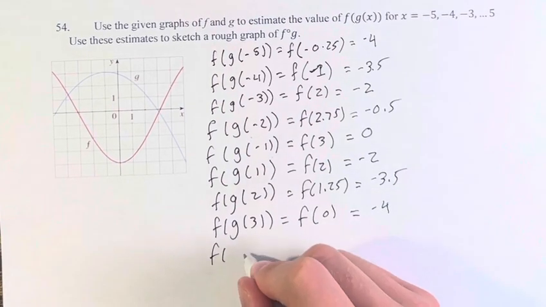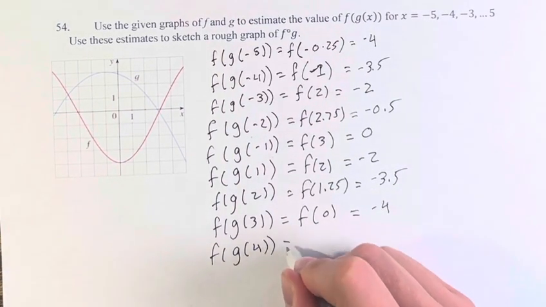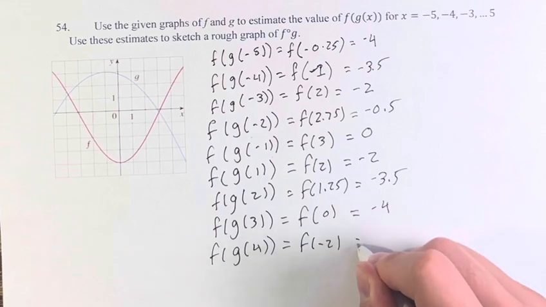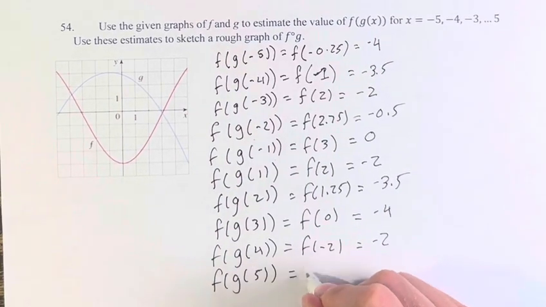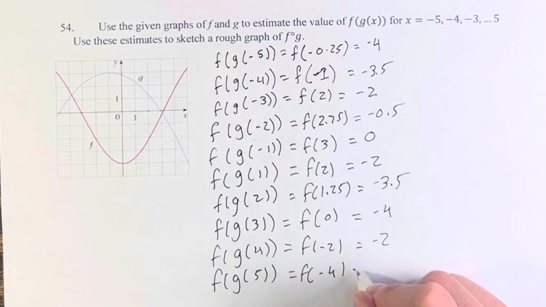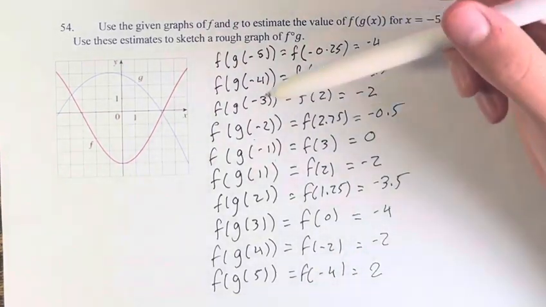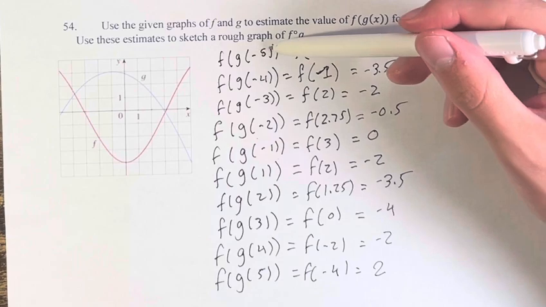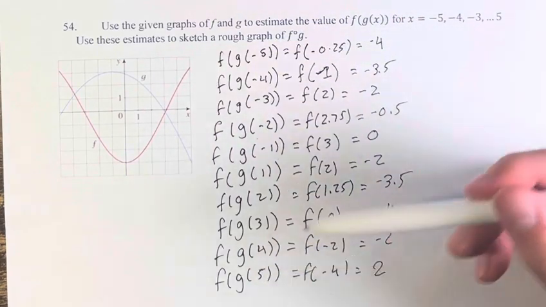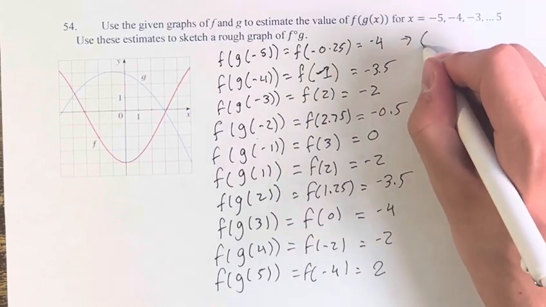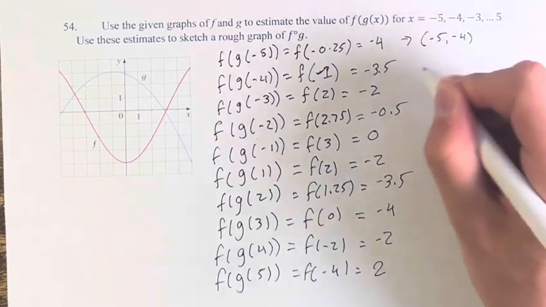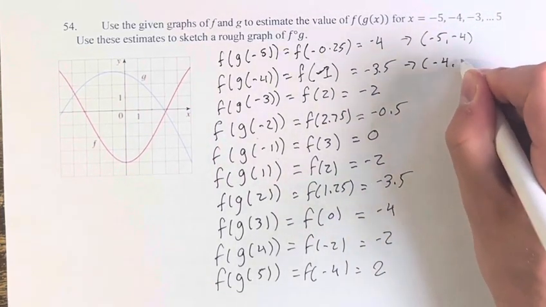Once we have all of these values, what's important is that we can graph them and get a graph of this composition. How do we do that? Well, all of our inputs, our x values, we have here, and all of our y values, our outputs, we have here. So we have corresponding points in the xy plane for all of these compositions.